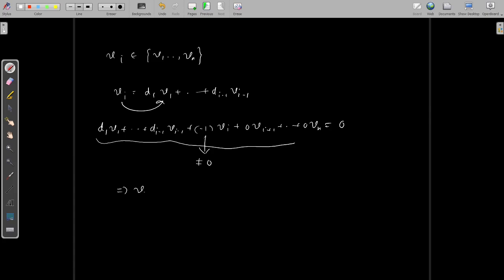This implies v1, v2, etc., vn are not linearly independent, that is, linearly dependent. Okay, this proves the other part. So this completes the theorem of the characterization of linearly dependent vectors. In the next class we will discuss two other theorems regarding linearly independent and dependent vectors.